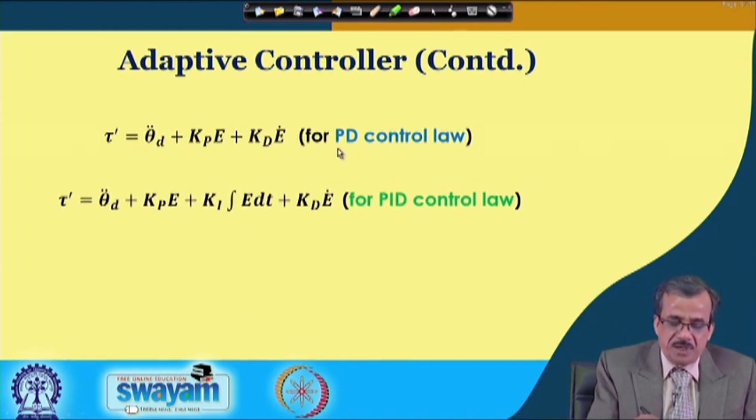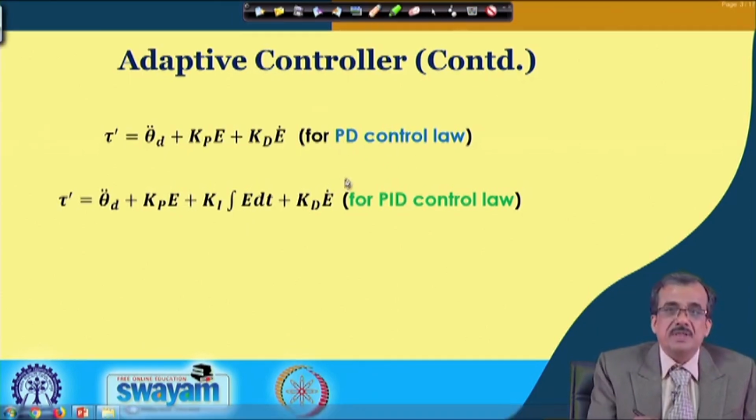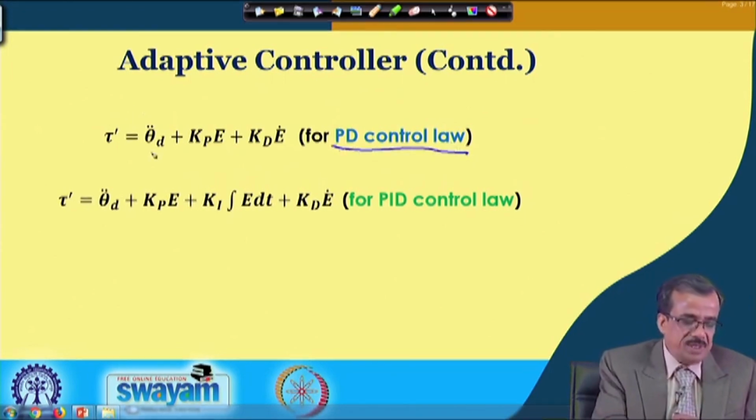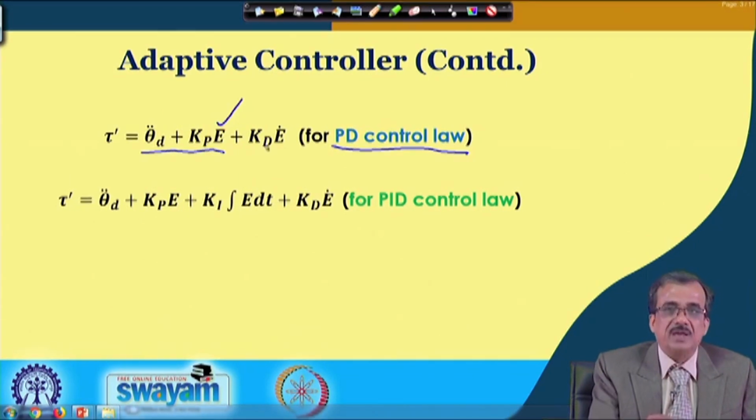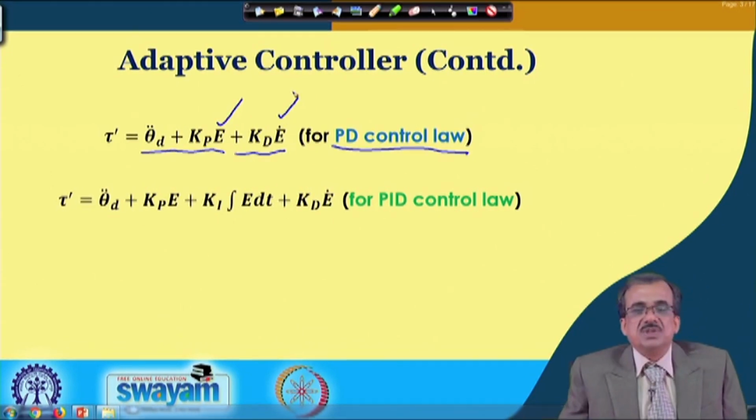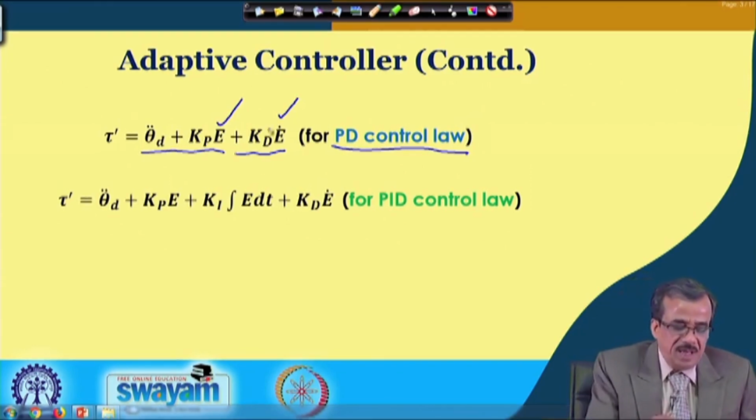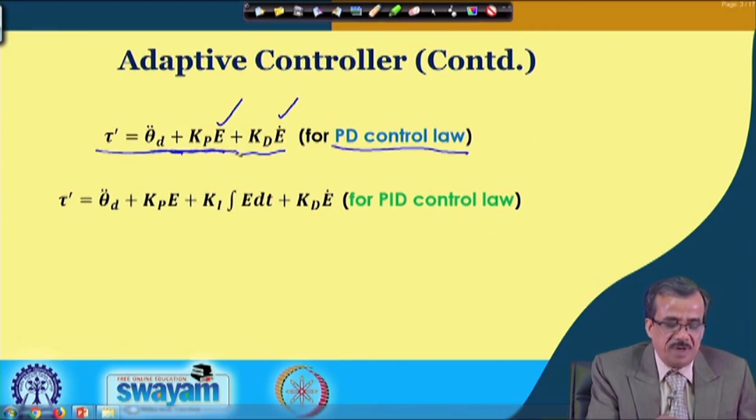Now, if I use the PD control law, that means proportional and derivative control law, then tau prime is nothing but theta d double dot plus k p multiplied by E, the error, plus k d multiplied by E dot, that is the rate of change of error.